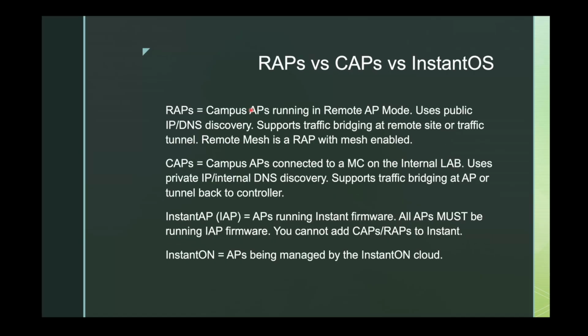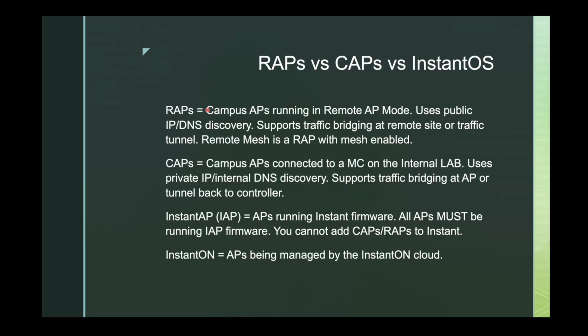So let's talk about the difference between RAPs and CAPs versus Instant OS. A remote access point is a campus access point remoting in remote AP mode. Now, a RAP uses a public IP or DNS discovery of the controller over the internet. A RAP supports traffic bridging at remote sites or tunneling the traffic.